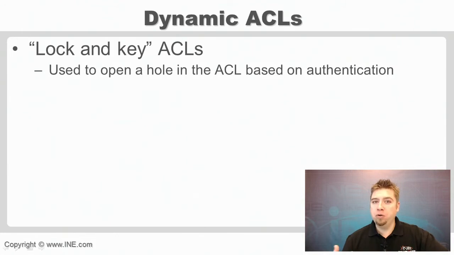Now the disadvantage of doing this though is that you can only have one dynamic access list per interface, which means that regardless of which user authenticates, it's going to open up all of the dynamic entries that we specify.